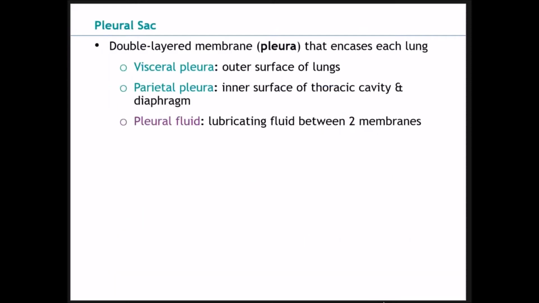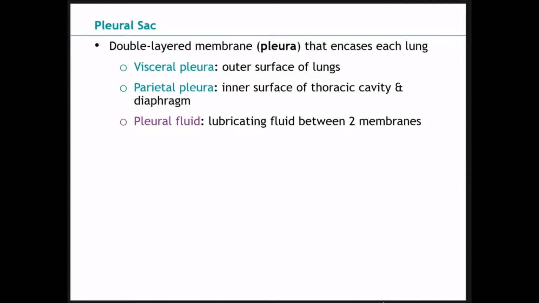The lungs are made of a double-layered membrane, called a pleura, that encases each lung. So there are two pleurae. There's the visceral pleura, which is the outer surface of the lung, and then there's the parietal pleura, which is the inner surface of the thoracic cavity and the diaphragm. Inside each of those layers is a fluid. We see a lubricating fluid between the two.